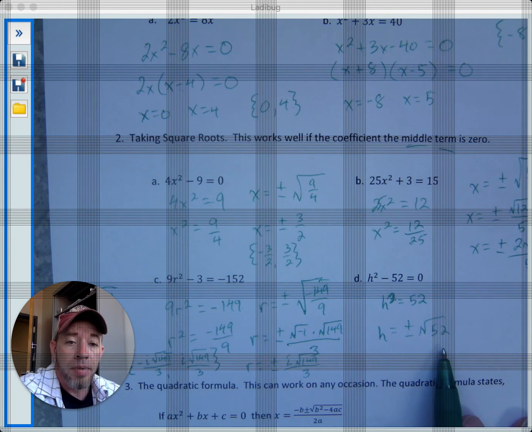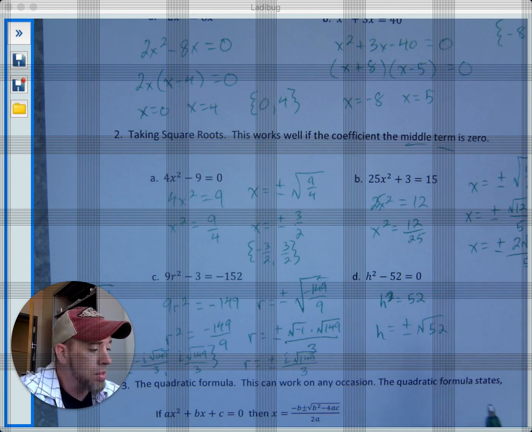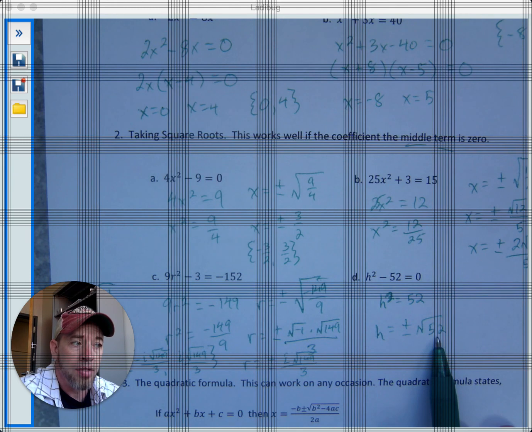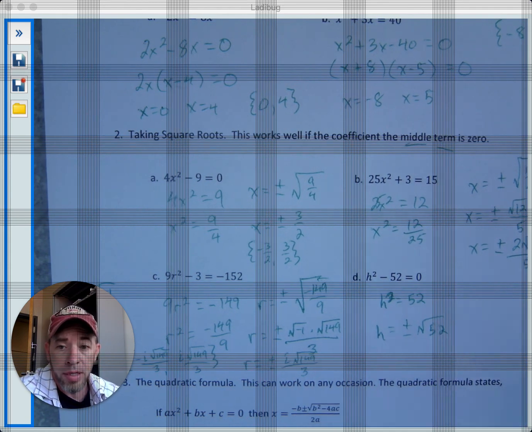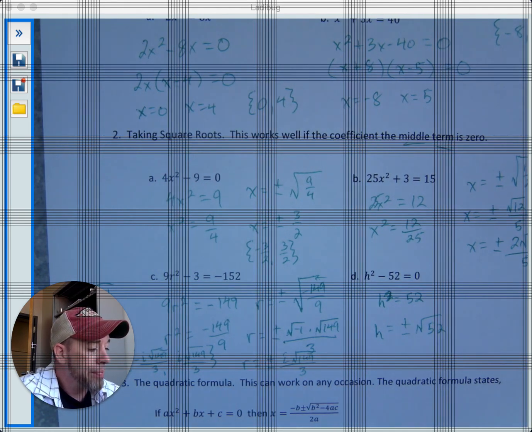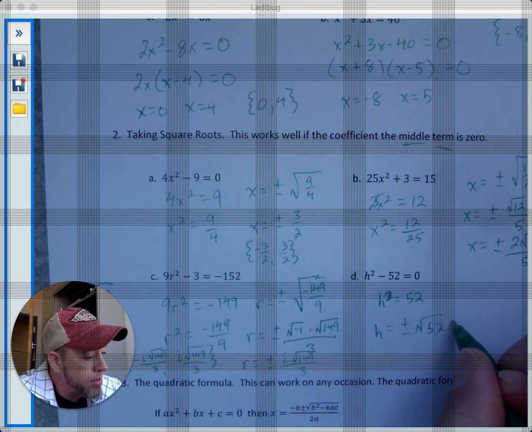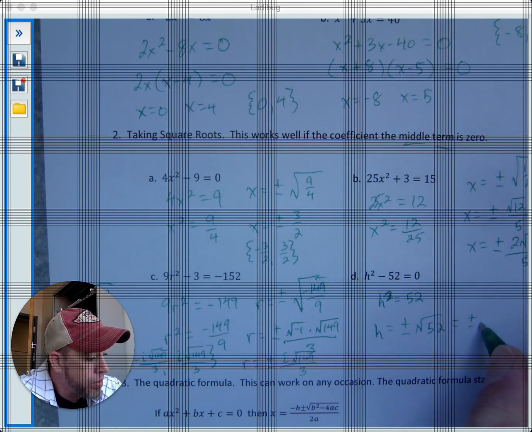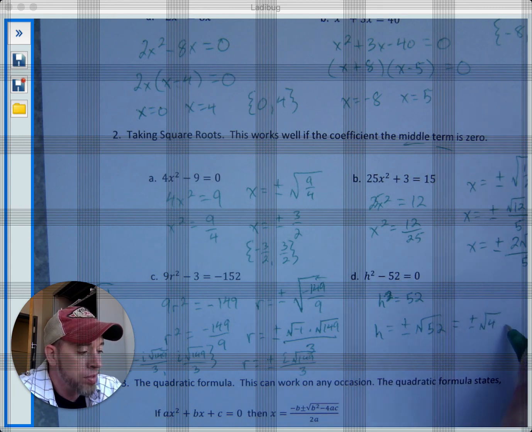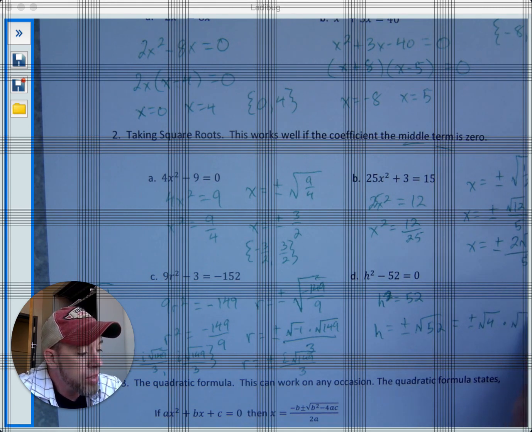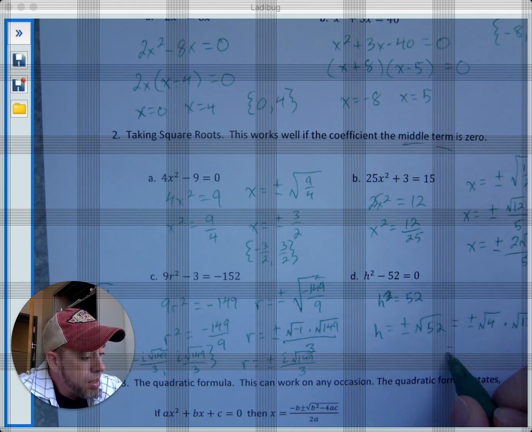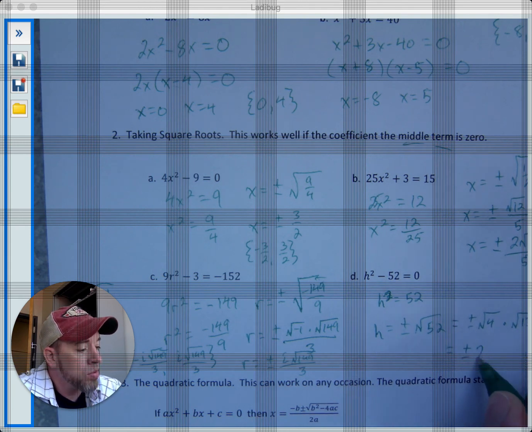Square root of 52, you might say, well, we're done. Those are our answers. But does the square root of 52 have a perfect square factor? And it does, right? You could try 2 squared is 4. 4 does go into 52, and we got it right away. And so what we do basically is rewrite this as plus or minus the square root of 4, which is a perfect square, times the square root of 13, and then the square root of 4 is 2, so we get 2 square root of 13.